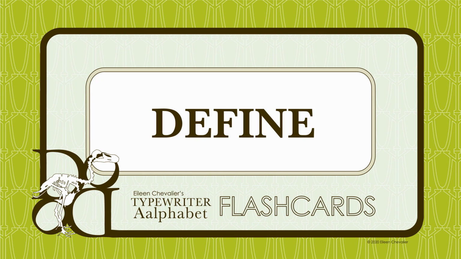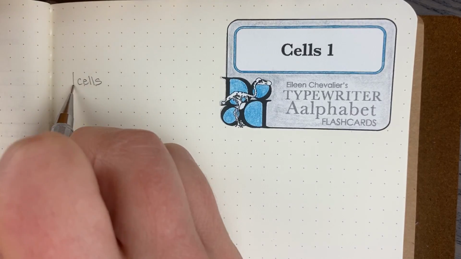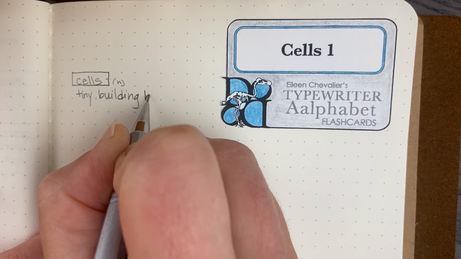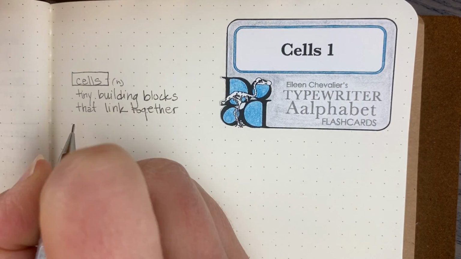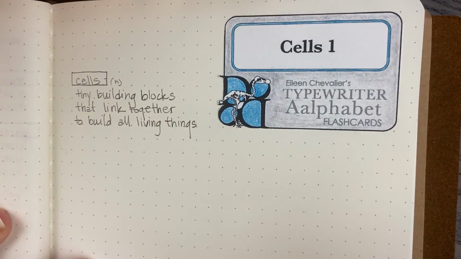But first, I'm going to read you a couple definitions. So pull out your journals and I'll read these for you. Cells: tiny building blocks that link together to build all living things. So quick caveat, most of existence is made up of 1-celled organisms. They far outnumber the rest of us.